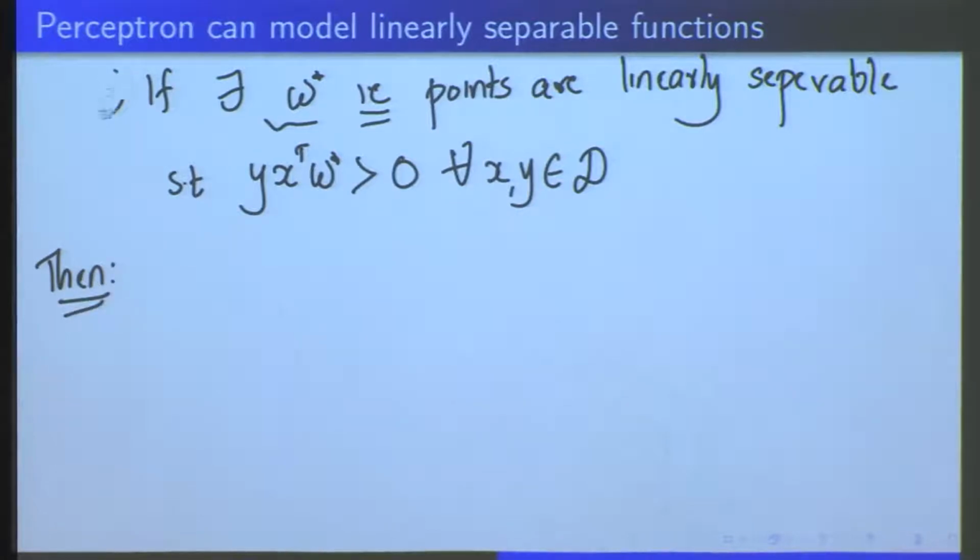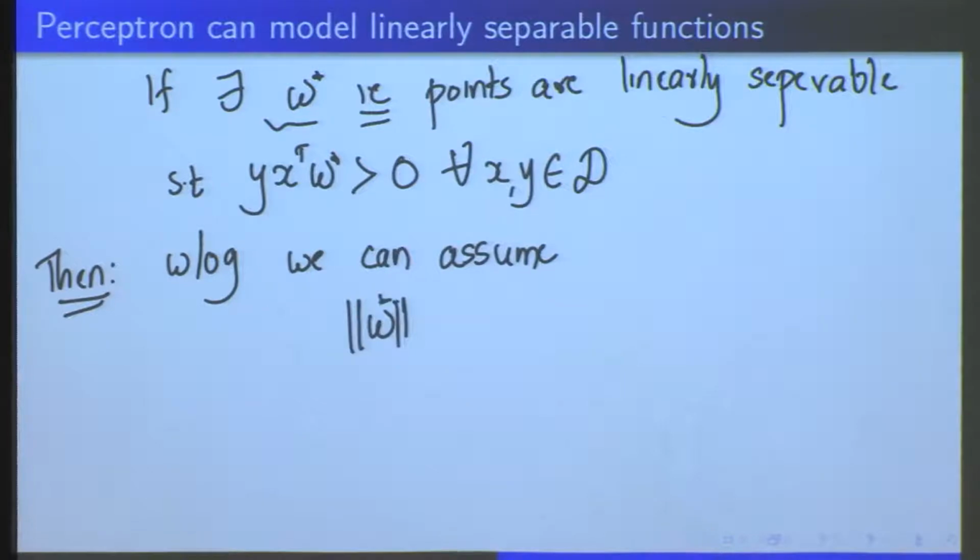Then without loss of generality, understand WLOG, right? Without loss of generality, we can assume norm w star is 1.